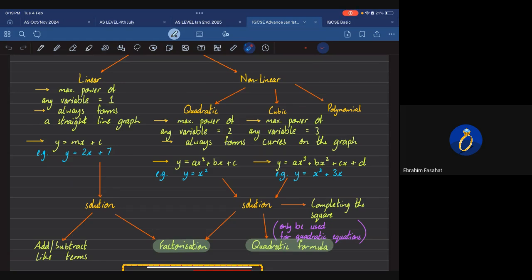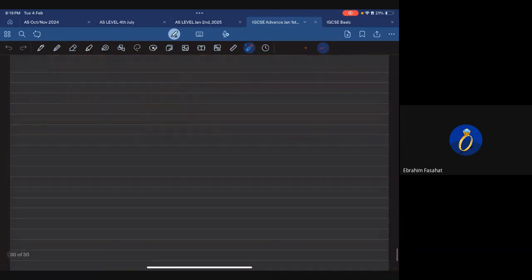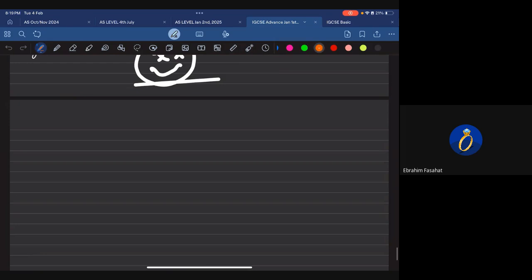All right. So now we're simply going to move forward with what you may call factorization. How am I going to use factorization to solve my equation?